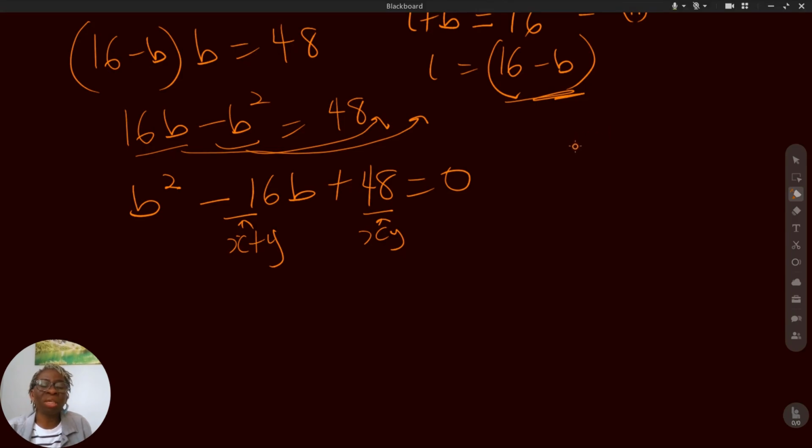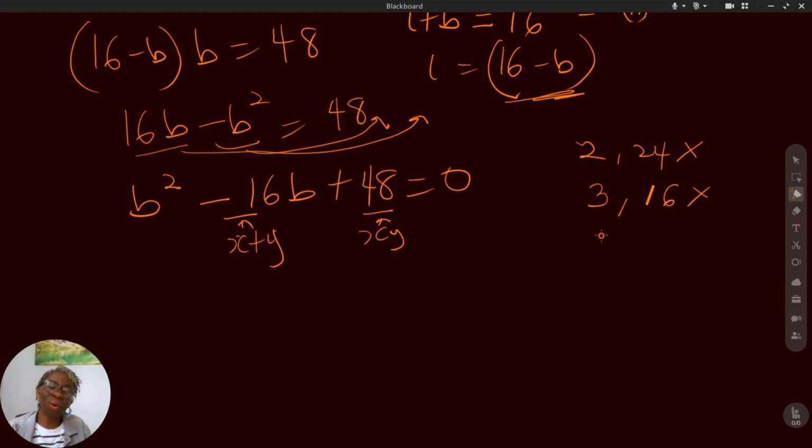We have 2 and 24. 2 times 24 gives 48, but 2 plus 24 can never give 16. So it cannot be this. So let's try 3. We have 3 and 16. 3 plus 16 can never give 16.